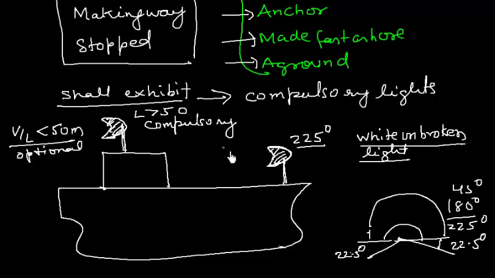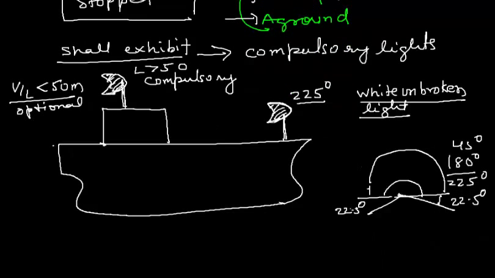Well, apart from the masthead lights, it will have the side lights and stern light. So let me define the side lights now. The side lights are a green light on the starboard side. What I can do is simply strike it in two parts. This one is your port side and this one is the starboard side.